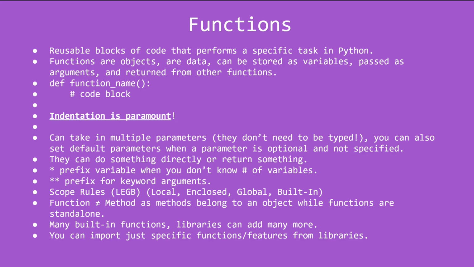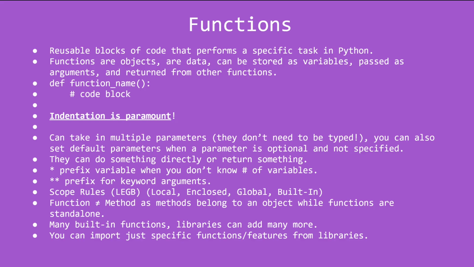Keep in mind with variables, the scope rules for Python are local, variables inside the function, enclosed. So if your function is inside another function, then it looks at that outer function, then it looks to global variables in the program, and then it looks to built-in variables. Keep in mind there are methods in Python. There's classes and other stuff.